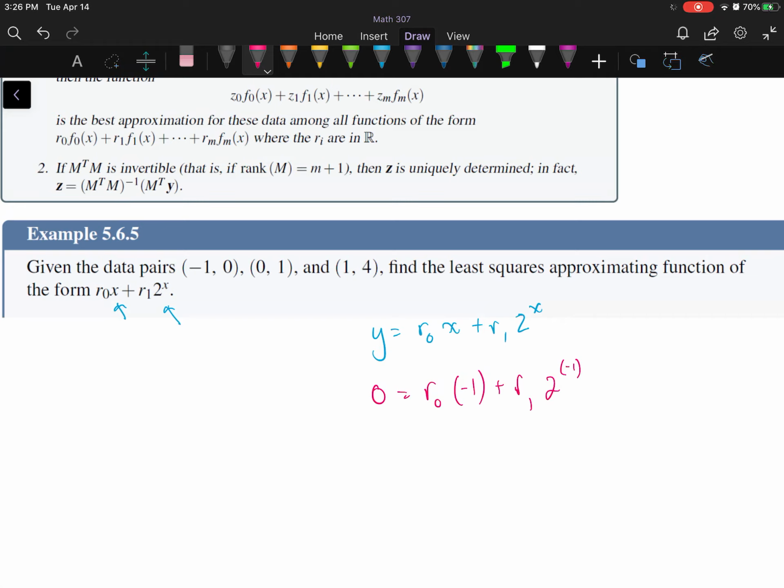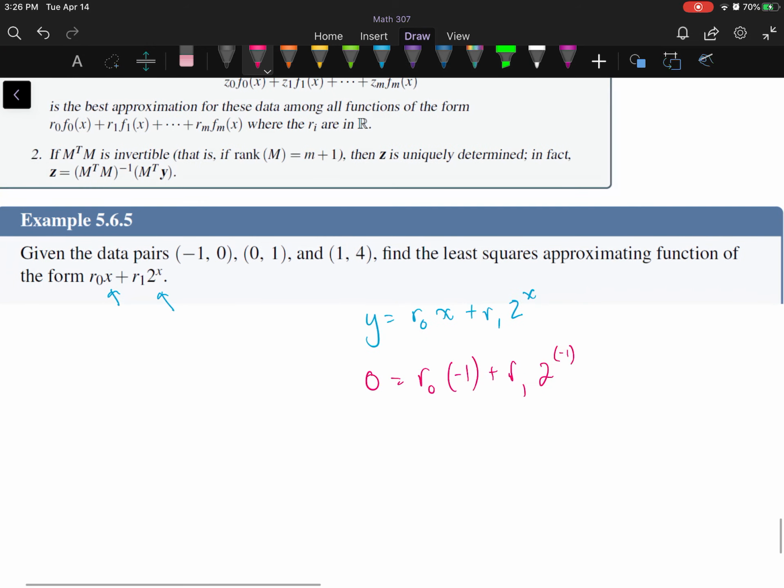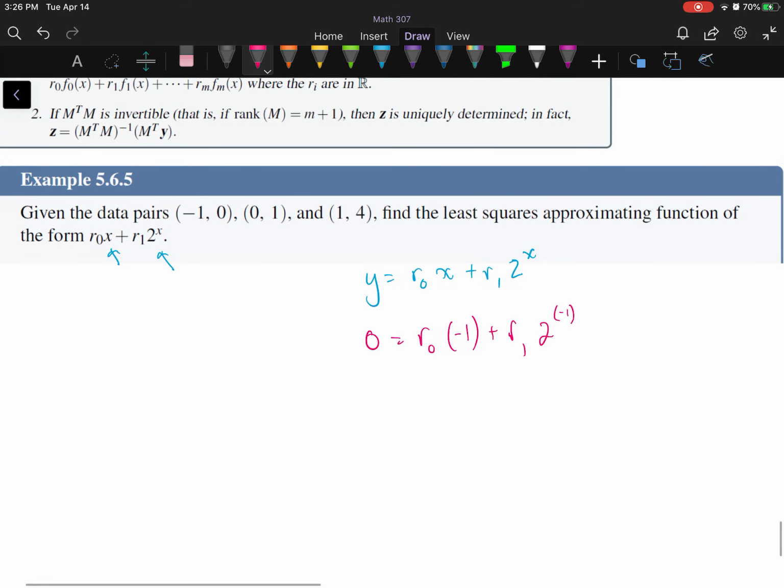Our x is still -1. So that'll end up being 1/2. For the next one, we would have 1 for our y value and 0 for our x value. For the last one, we would have 4 for our y value and 1 for our x value.